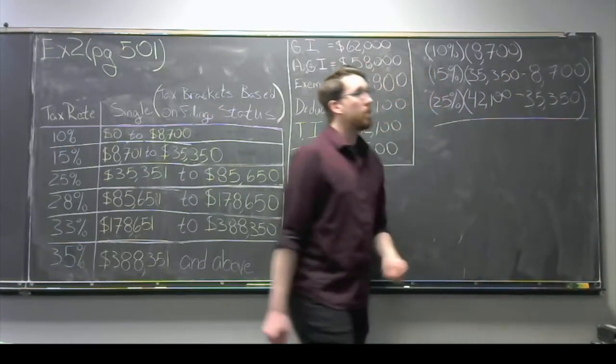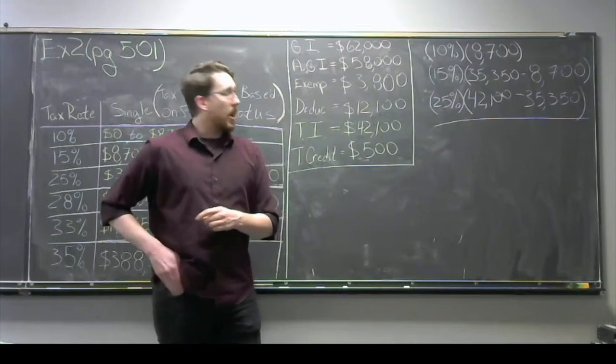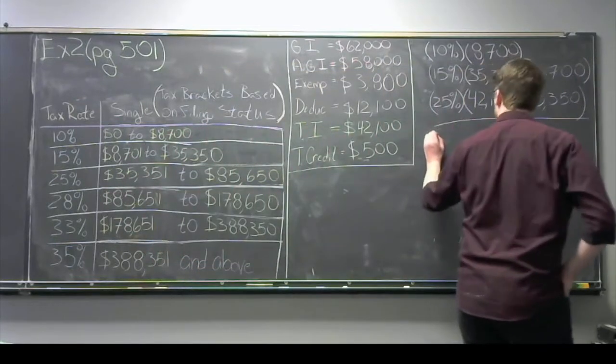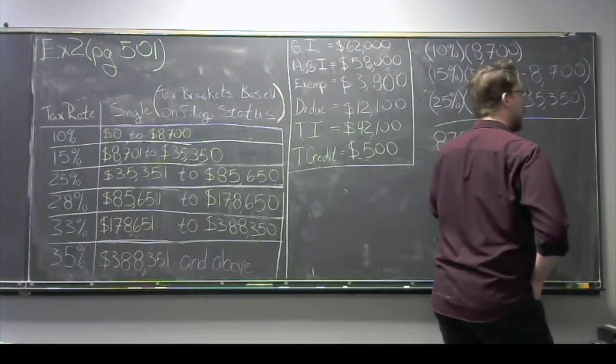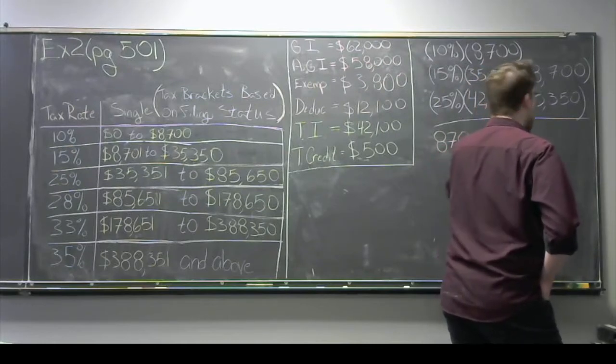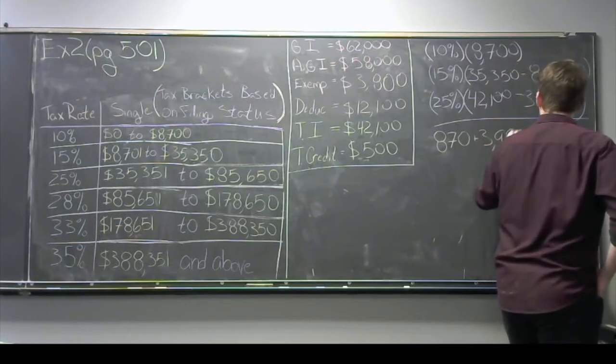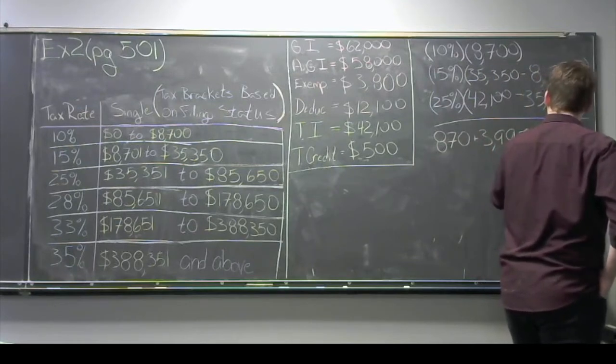And we're going to find that all this together is going to be $8,700 plus $3,997.50.